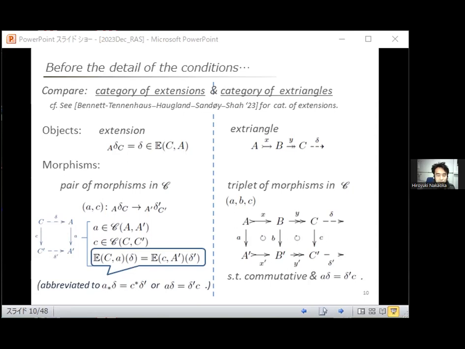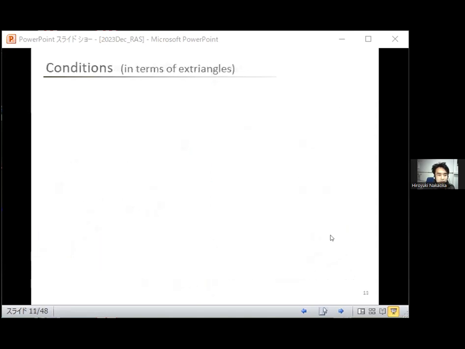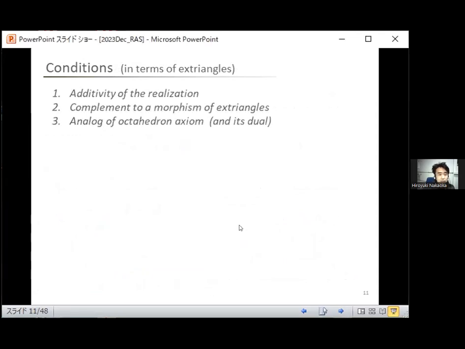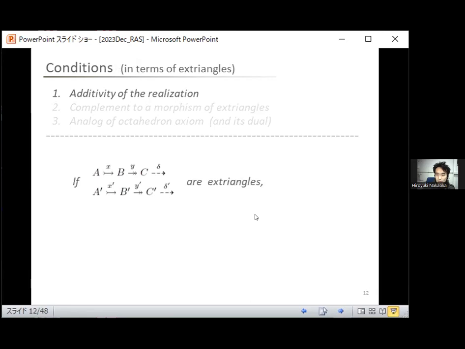Now let me explain the conditions for ET categories in terms of X triangles. There are three conditions. The first one is the additivity of the realization. So it requires that if we are given two X triangles, then the term-wise direct sum becomes again an X triangle.